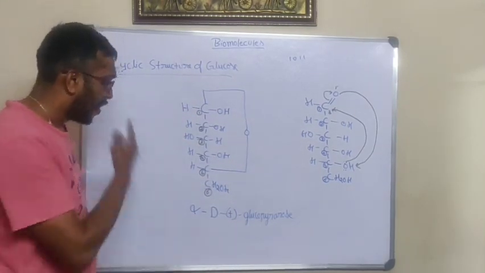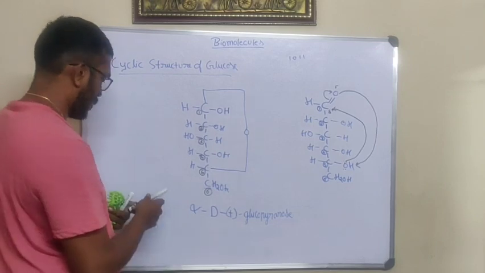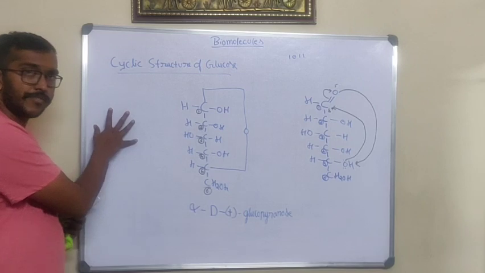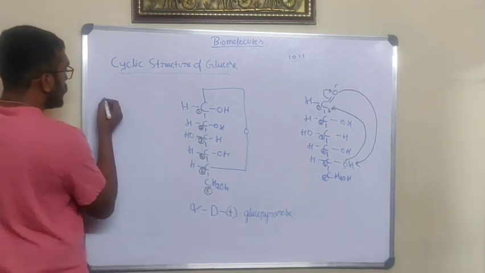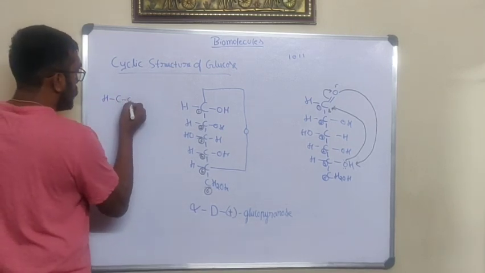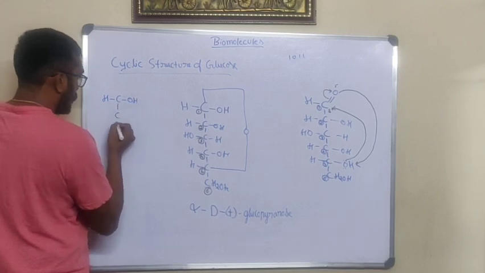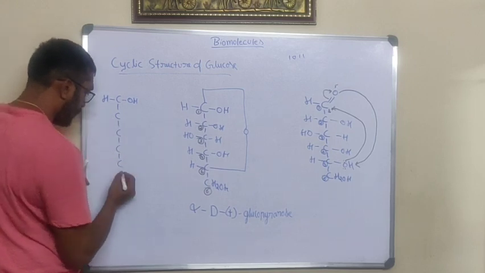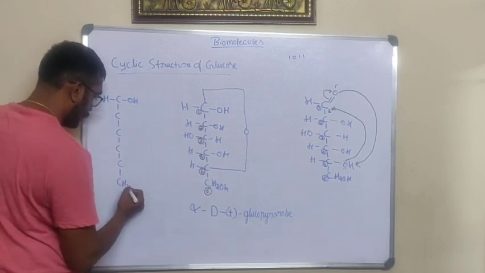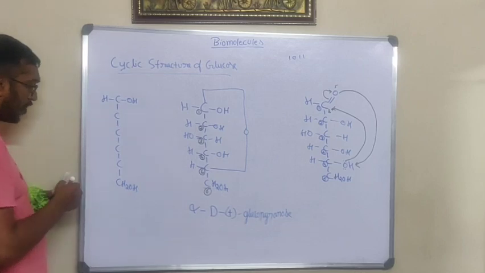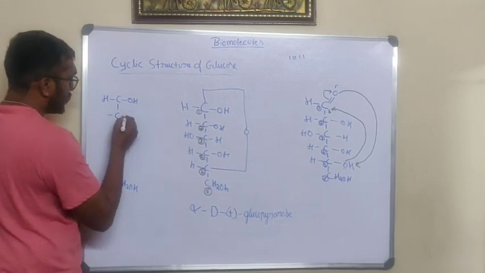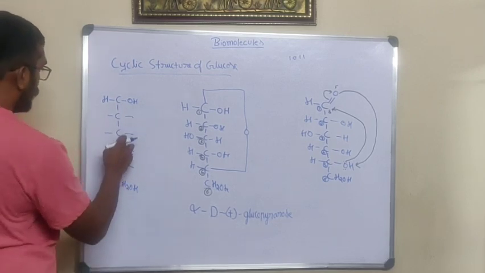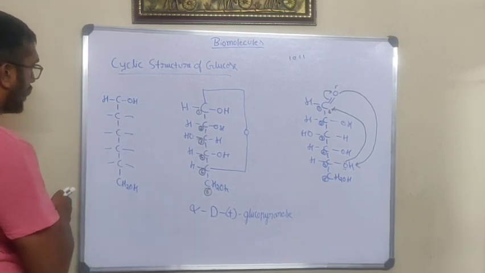So what is this alpha? I am going to write the same structure here, same copy paste. H bond C bond OH bond. So 1, 2, 3, 4, 5, 6 CH2OH.